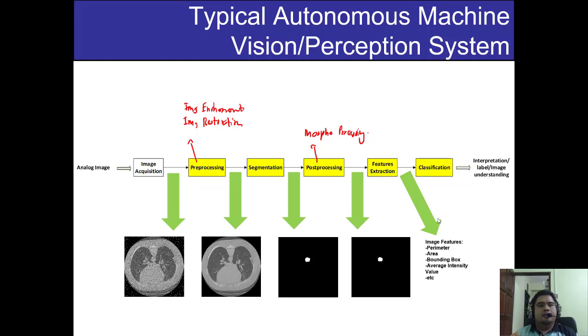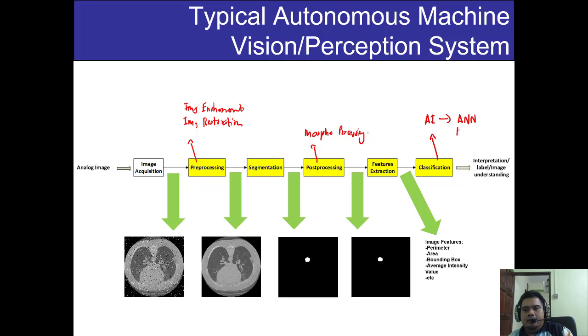The purpose of feature extraction is to extract meaningful features from the image. Once you get good features or the best features, then you feed them into this block, what you call classification. This is where AI is involved, especially machine learning, such as the artificial neural network.